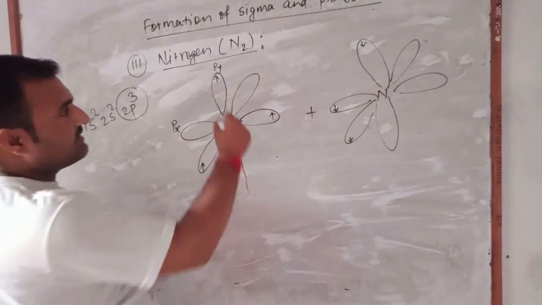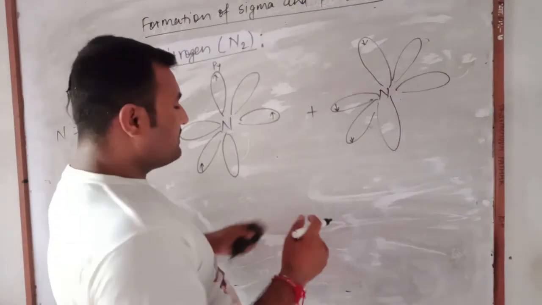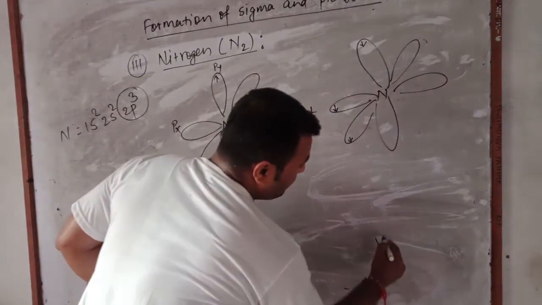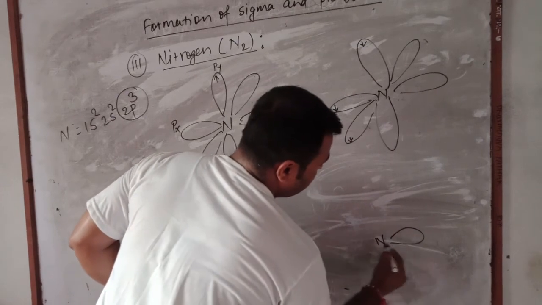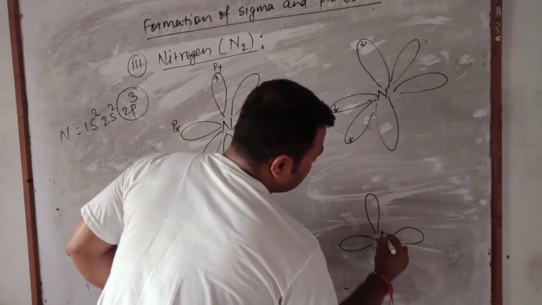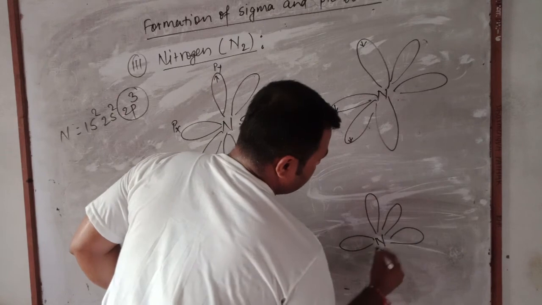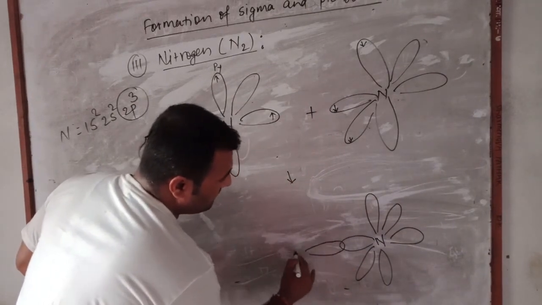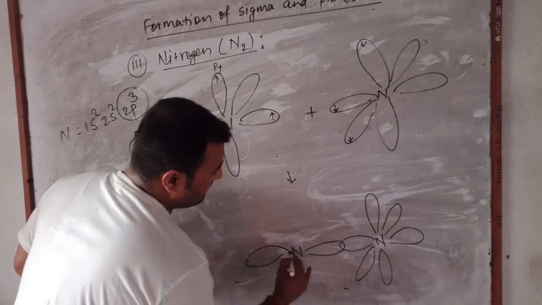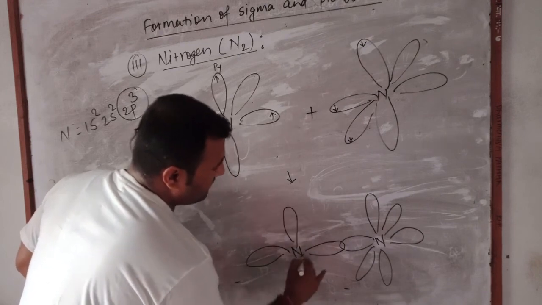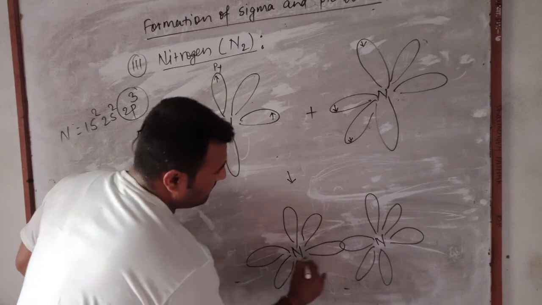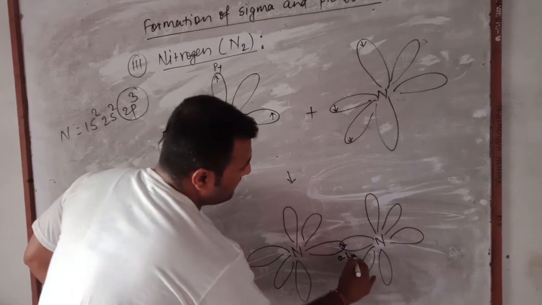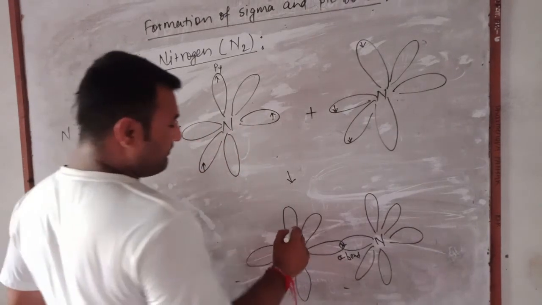And in this way, when these atoms are brought in contact, it causes the atomic orbitals to form a molecular orbital in nitrogen. Here a sigma bond is formed by px.